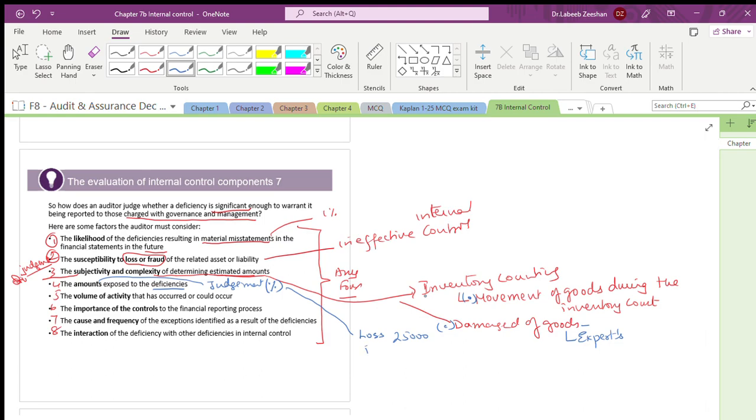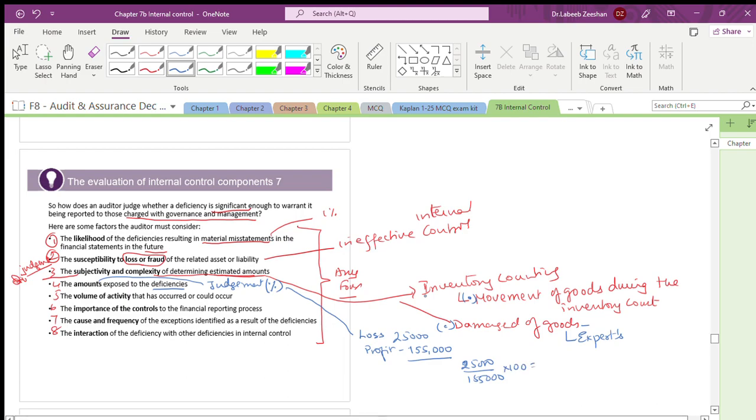Then we'll calculate what the profit is going to be. Take it as 155,000. Then we have to calculate in terms of percentage: 25,000 divided by 155,000 into 100, and you will get some percentage.